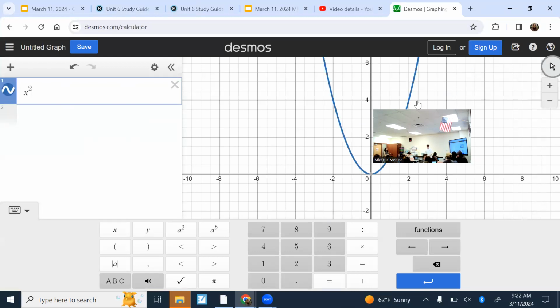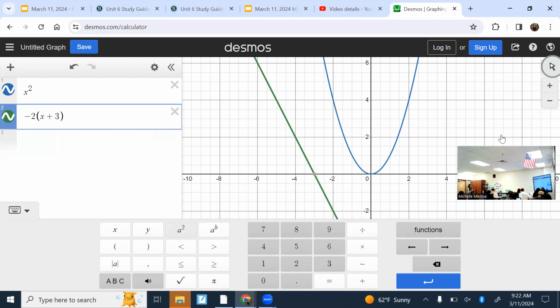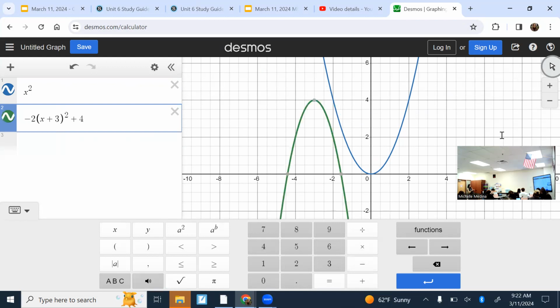So if you remember that, then for this question, you could type in your parent function, type in the other equation that they gave you. I know it from memory because I think it's my third time seeing this today. But type in the equation they gave you. And now you can visually tell me, did it go up, down, left, right?